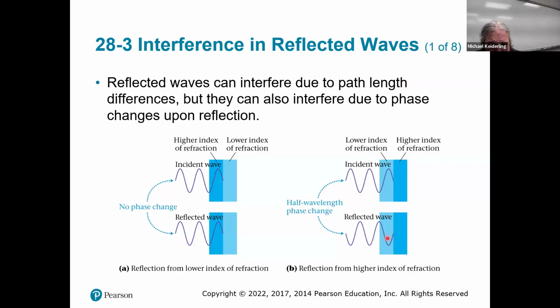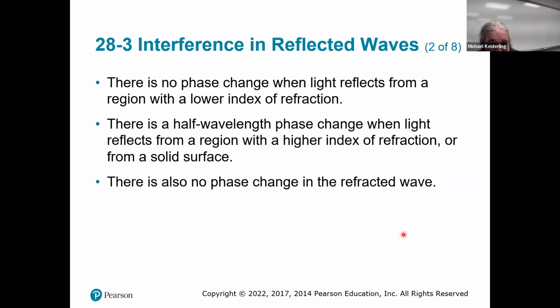But you can also get interference from reflection on the top from two different layers. So there's no phase change when light reflects from a region with a lower index of refraction. There's a half wavelength phase change when light reflects from a region with a higher index of refraction or from a solid surface. There's also no phase change in the refracted wave.